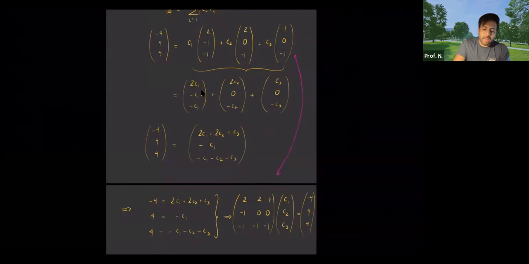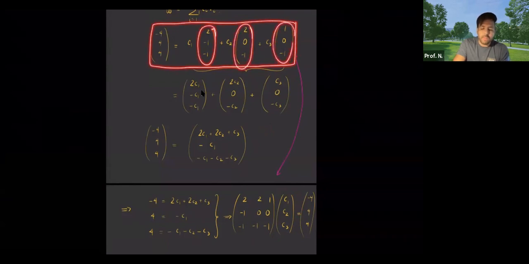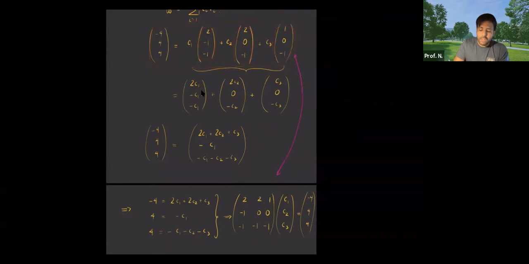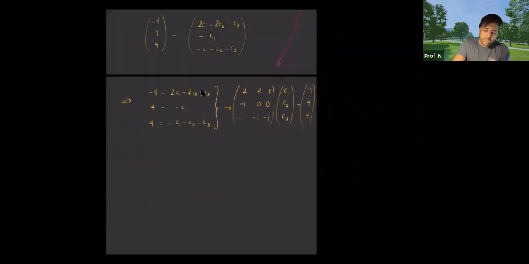So the moment you see this, you should immediately think: this is the first column of the matrix, second column, third column, for which I can create a matrix equation where these become the columns of the matrix. These are the scalars that I'm looking for, which would result in the vector that I have it equal to. So I can create this matrix equation now. I can call this A, this X, and this B.